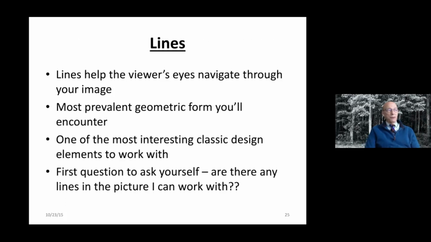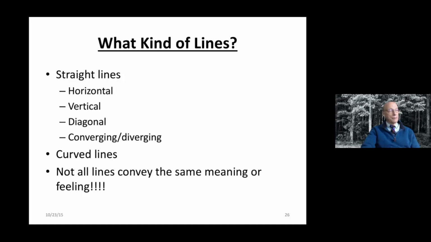Lines help the viewer's eye navigate through your image. They are the most prevalent geometric form you will encounter, and one of the most interesting classic design elements to work with. The first question to ask yourself: are there any lines in the picture I can work with? There are straight lines, which are horizontal, vertical, diagonal, and converging and diverging.